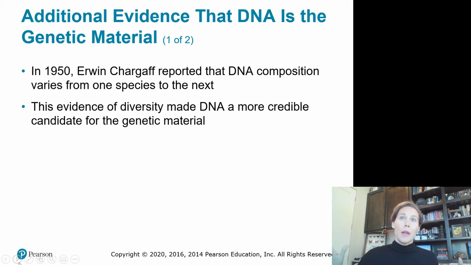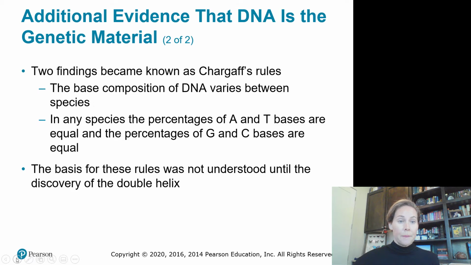By taking pieces of everybody's research, you can come up with outstanding evidence to prove something is correct, versus the way people had always thought that genes were part of protein. All of this information helped us discover that it's actually DNA.